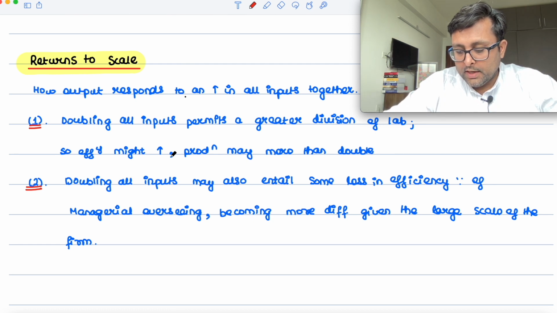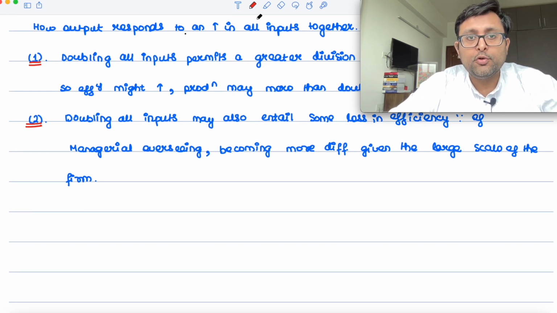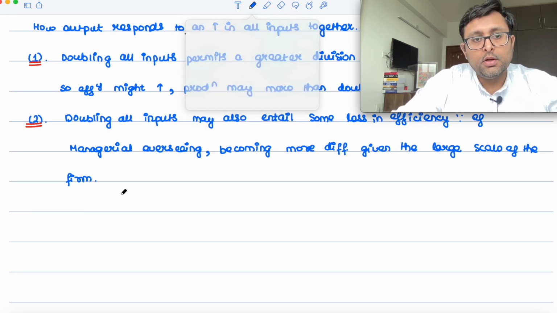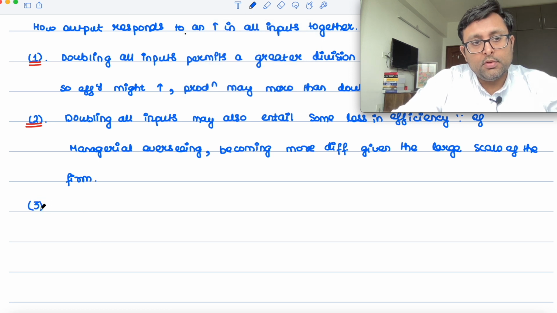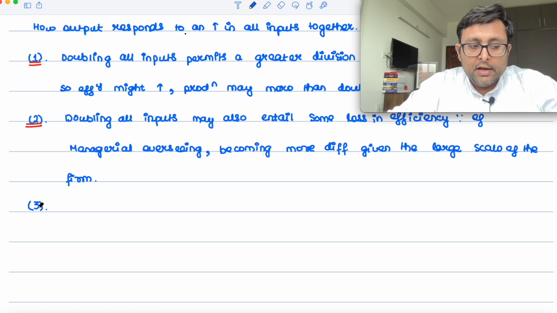The other thing is that there could also be constant returns to scale. That is also a feasible case for a few things. For example, if the firm is operating many identical plants, and it can just vary the number of plants.